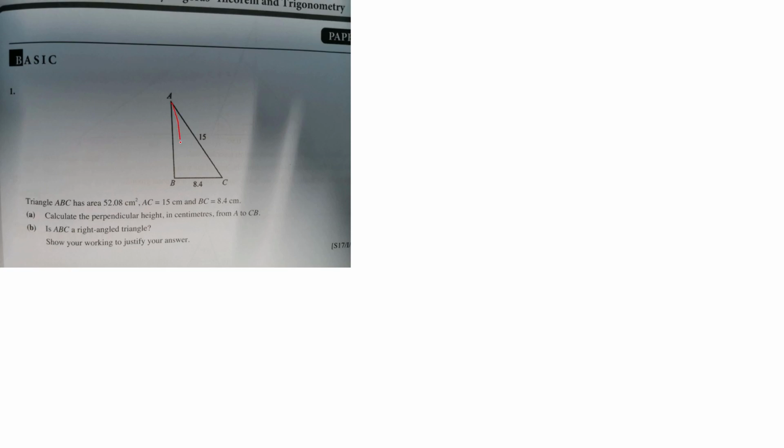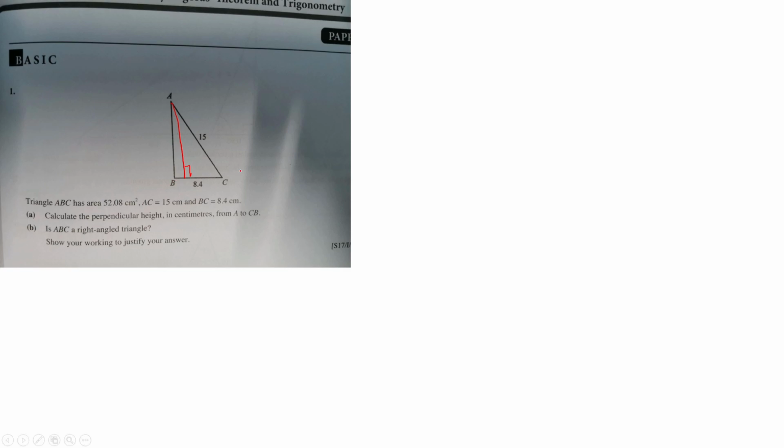So basically it is here, then it is a right angle. And to be honest, it could just be A to B and it is a right angle. We do not know because we do not know whether this is a right angle triangle. So at the moment, let's just assume that it is a straight line that forms 90 degrees with BC.